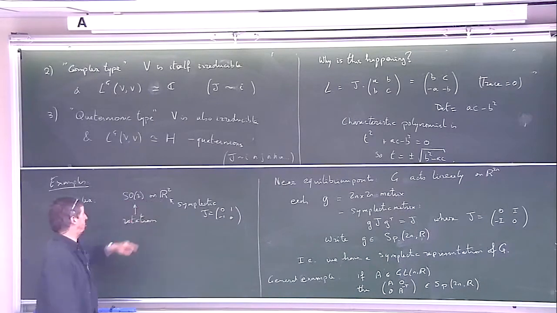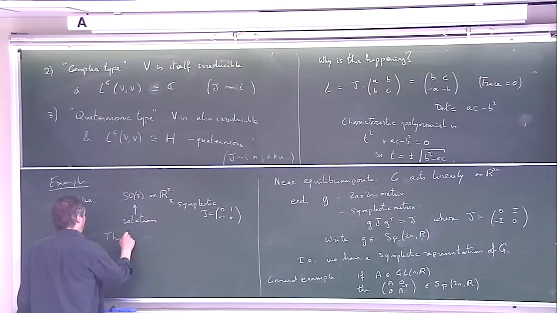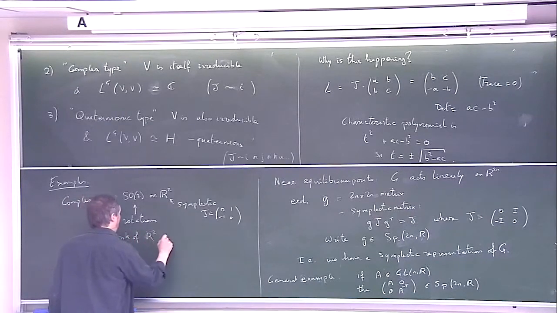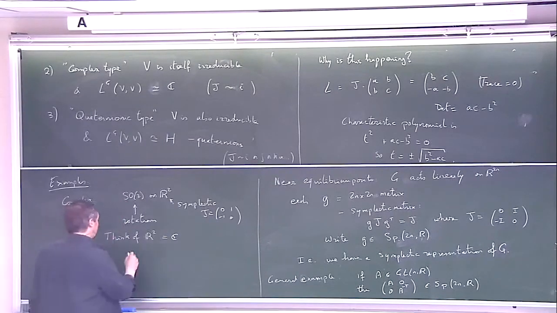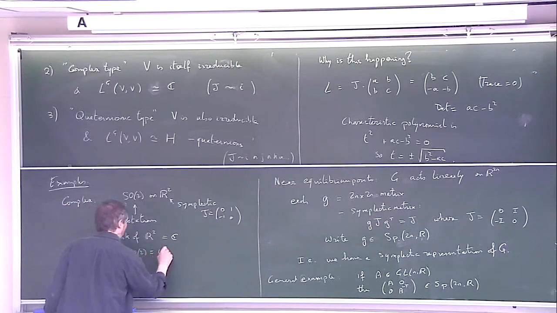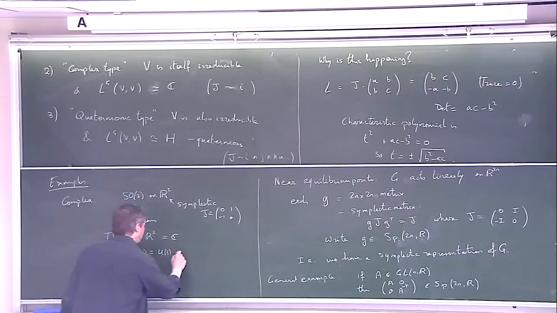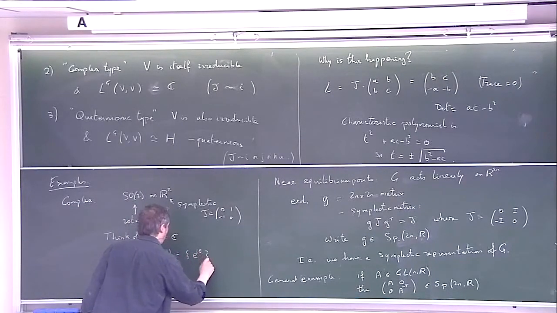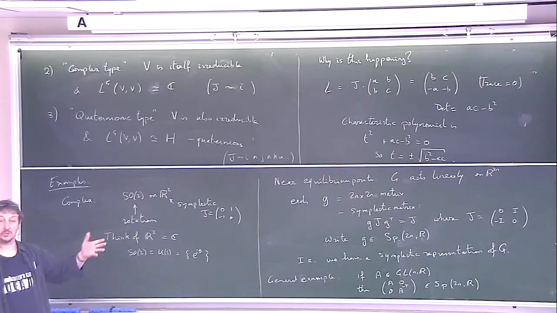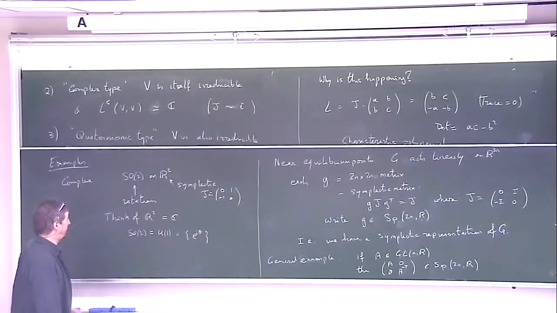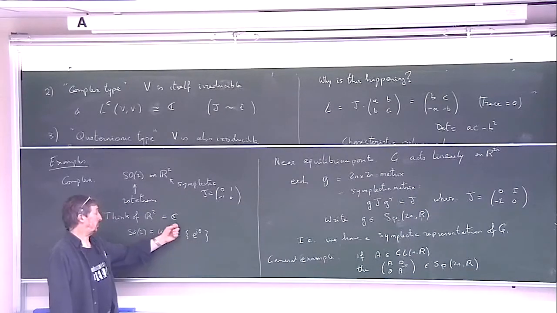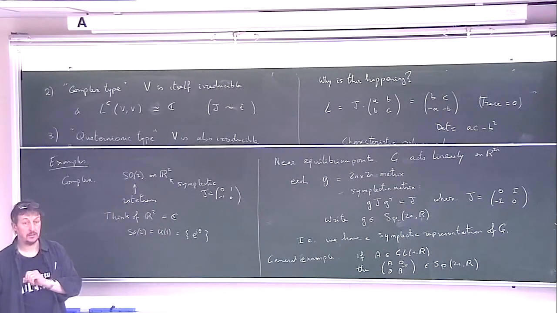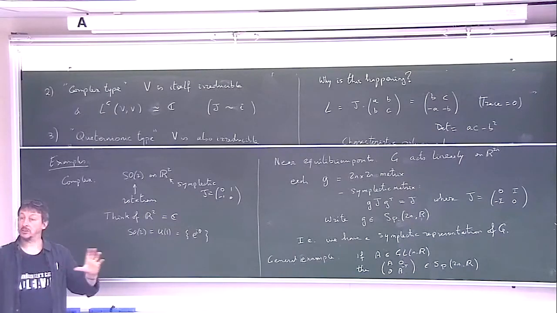So if I think of this R2 as a complex plane, then SO2 is what's often called U1, so it's the set of rotations. A rotation is just multiplication by e to the I theta. It's a rotation through theta. And what transformations of C commute with e to the I theta? Well, it's just the rotations and the dilations.